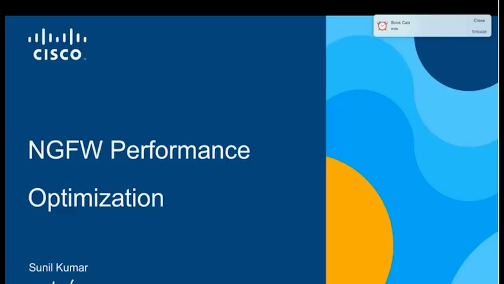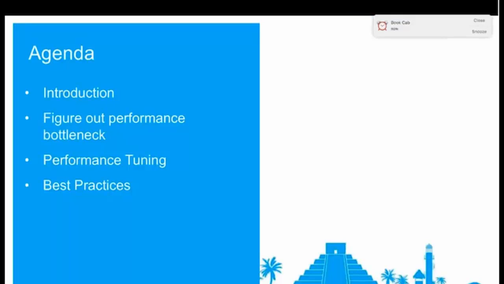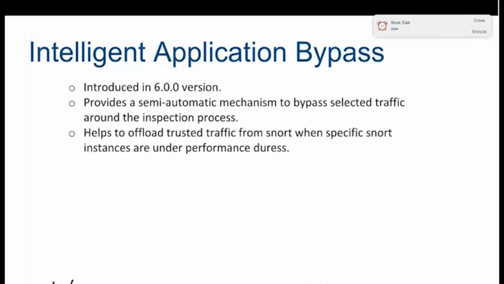Okay, let's start. The slides will cover the factors for performance bottlenecks, performance tuning, and some of the best practices. The first parameter is the intelligent application bypass.